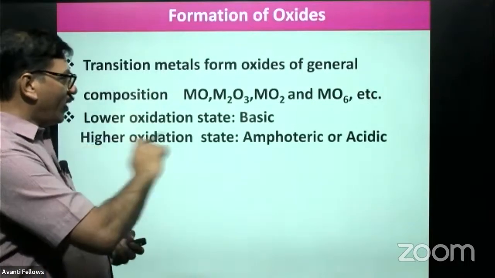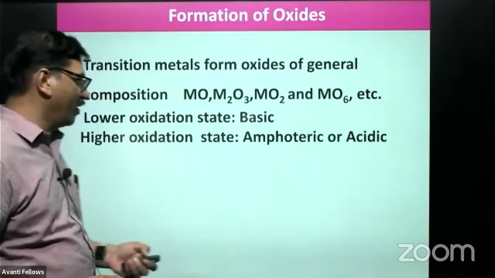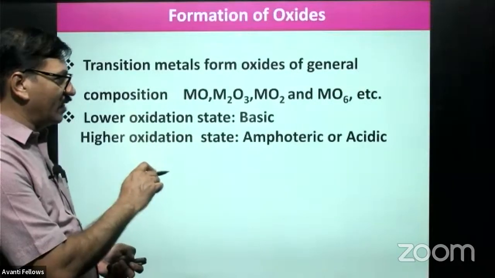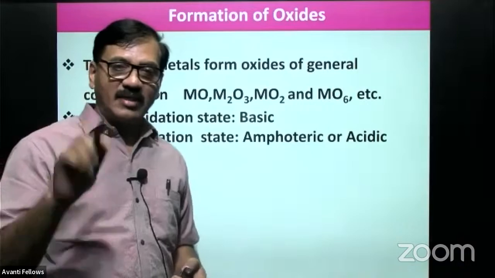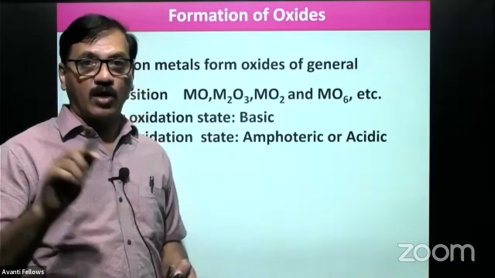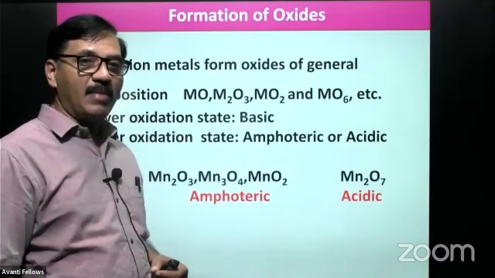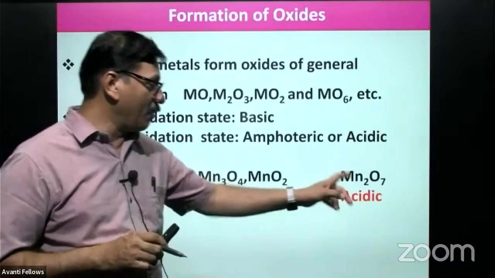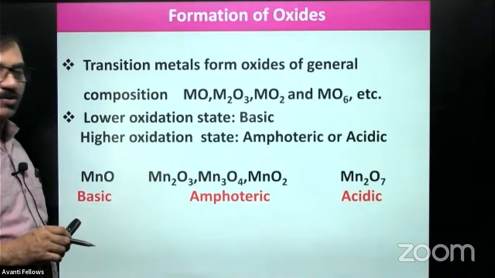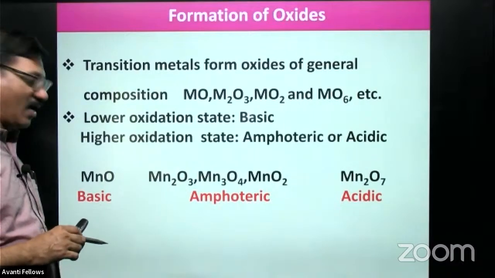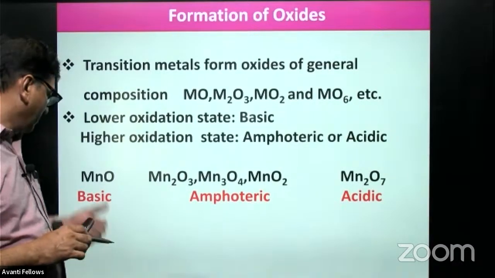Lower oxidation states are only basic, and higher oxidation states are amphoteric or acidic. This is an important point. A metal oxide can also be acidic. Mn2O7 is acidic. Some are amphoteric in nature, even with chromium: Cr2O3 is amphoteric.